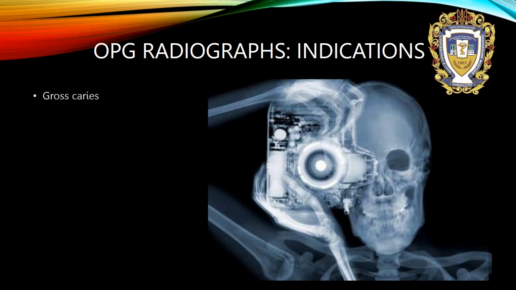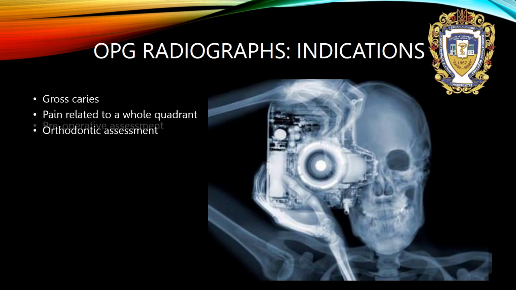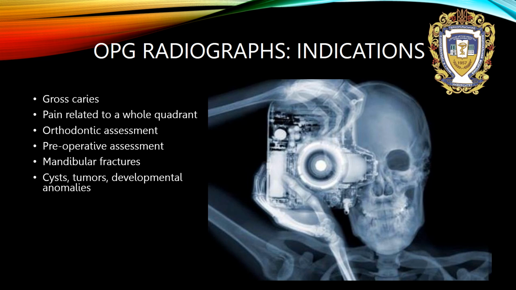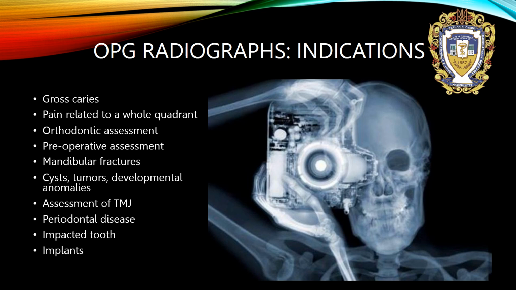Indications for panoramic X-ray: gross or multiple caries, pain related to a whole quadrant, orthodontic assessment, preoperative assessment, mandibular fractures, cysts, tumors, developmental anomalies, assessment of temporomandibular joint, periodontal disease, impacted tooth, implants.